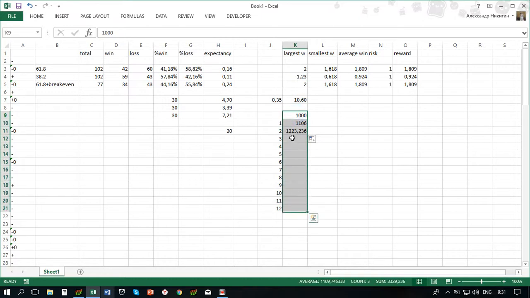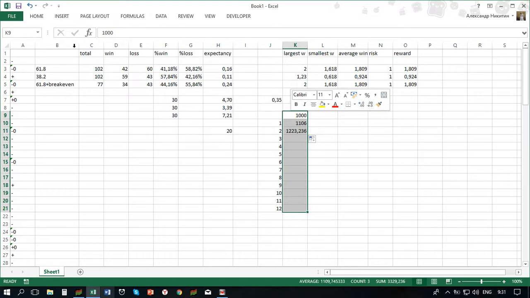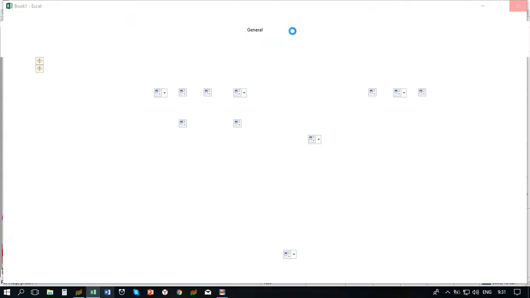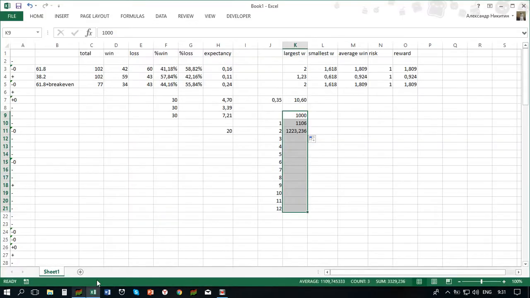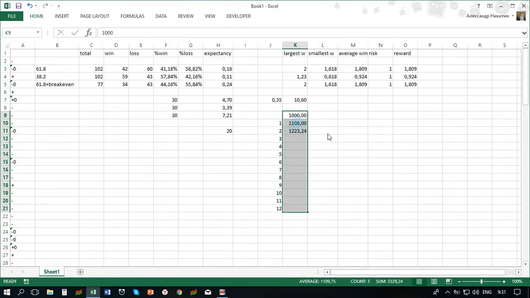Let's do the numbers. Format, go to numbers. Let me close the MetaTrader. Go to numbers. This way. Okay, perfect.